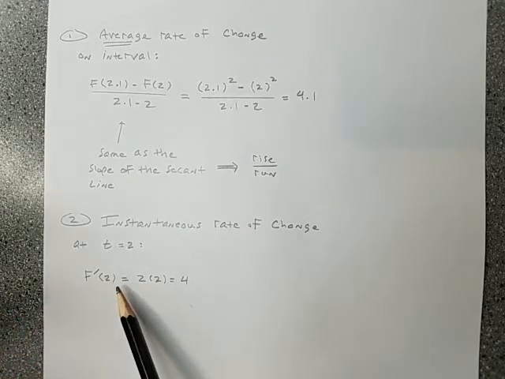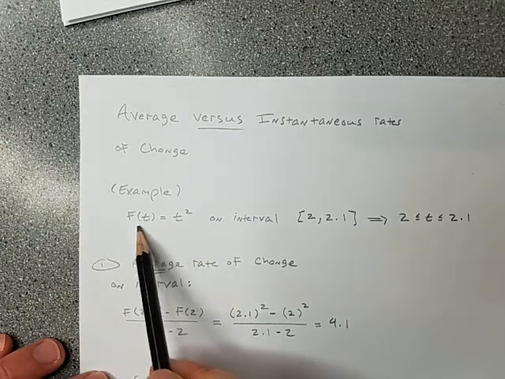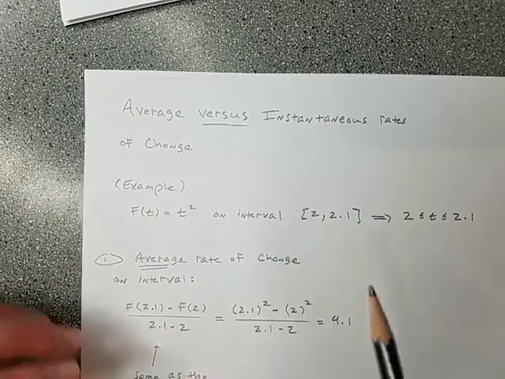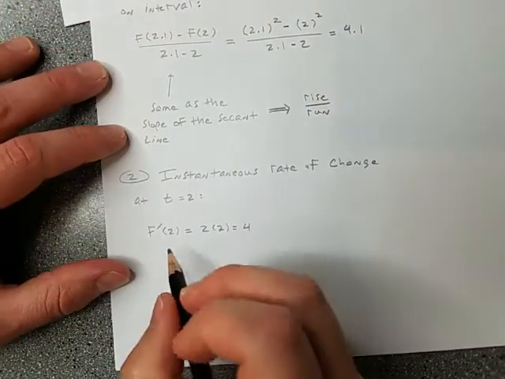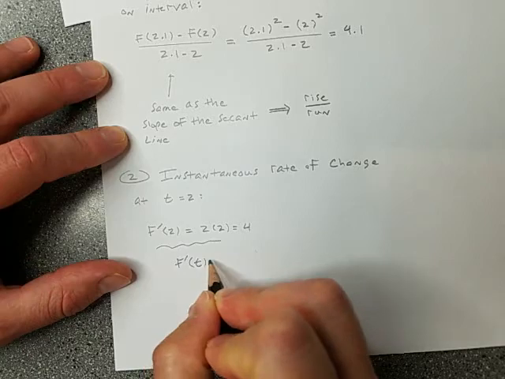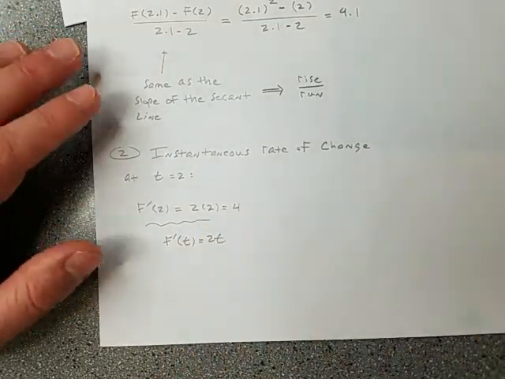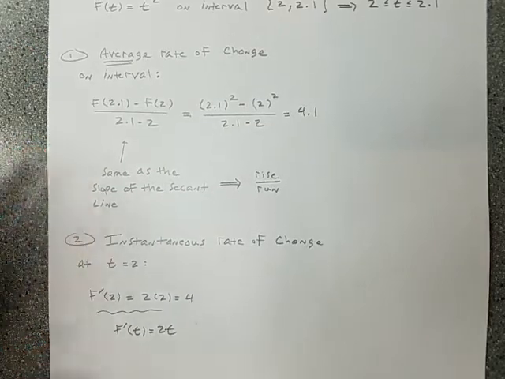Since f of t is t squared, f prime of t is 2t. And then I put 2 in there, it's 2 times 2, it's 4. Easy for me to tell you, I think.